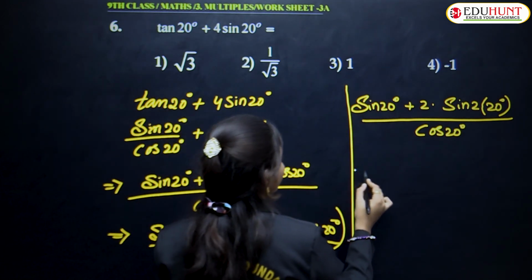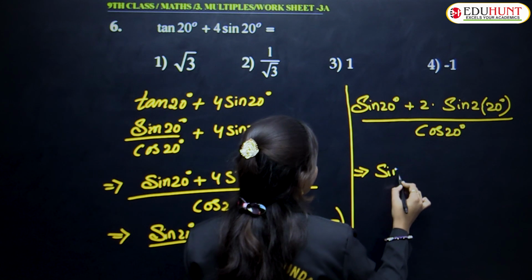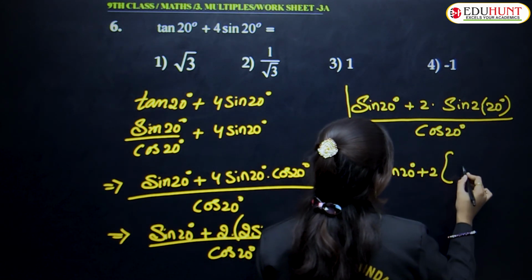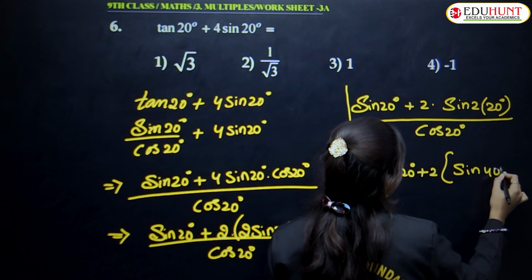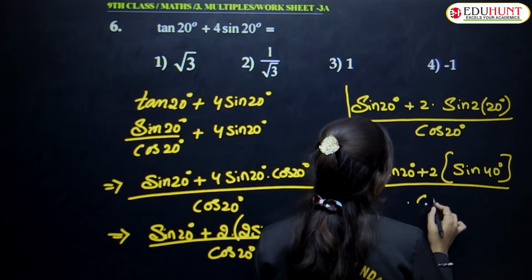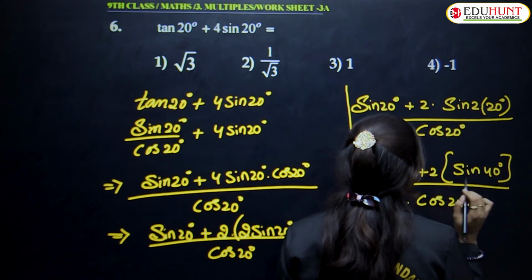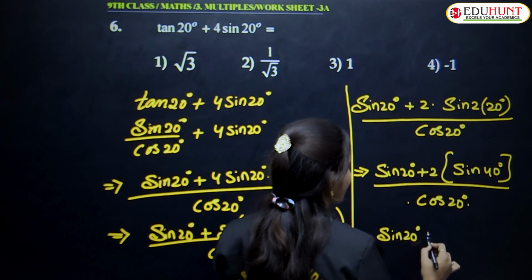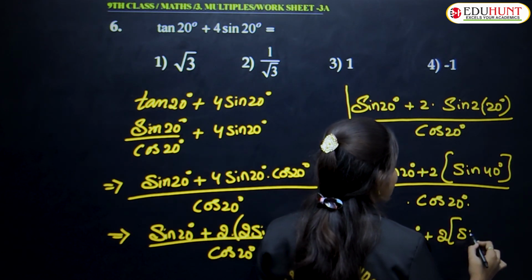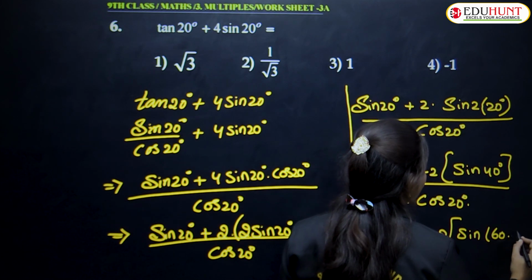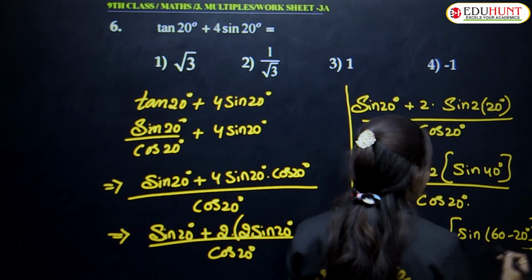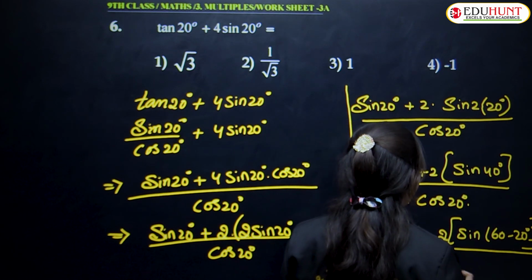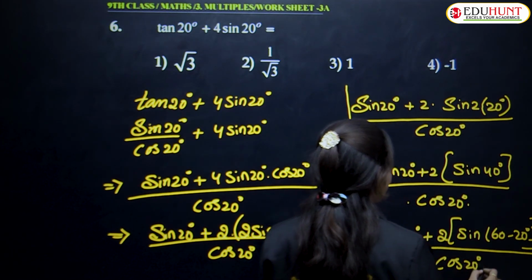So sin 20 degrees plus 2 into sin 40 degrees whole by cos 20 degrees. We can write sin 40 degrees as sin of 60 minus 20 degrees, yes, I know 60 minus 20 is equal to 40, whole by cos 20 degrees.